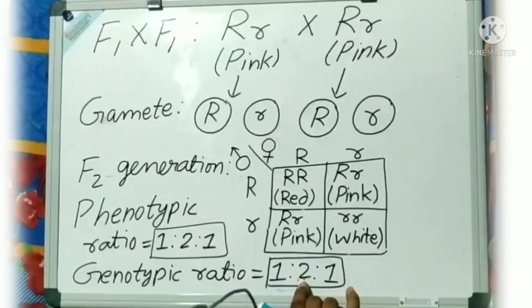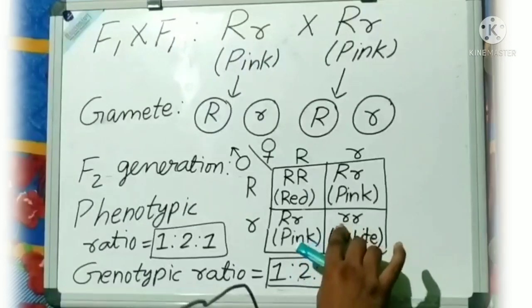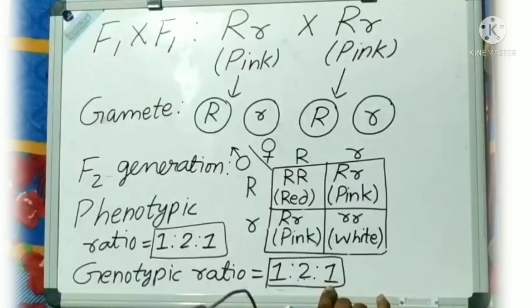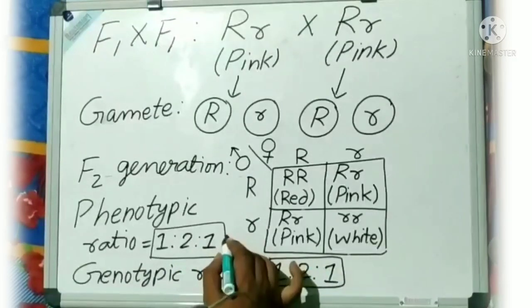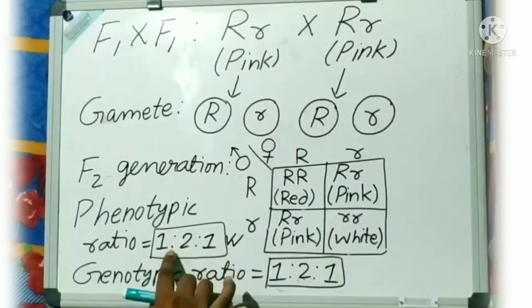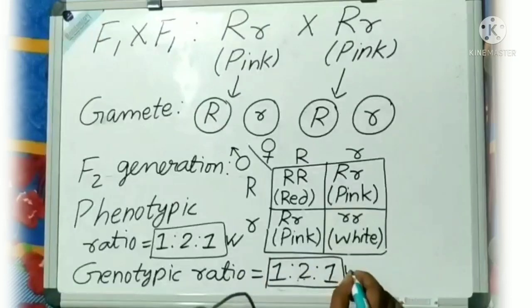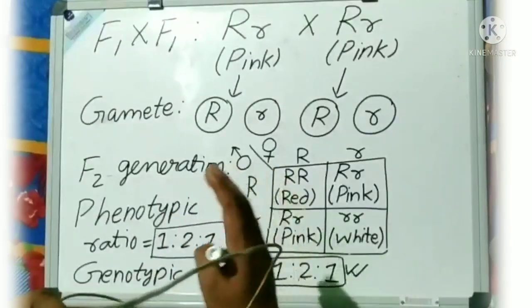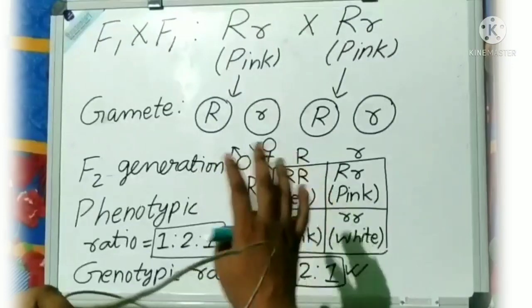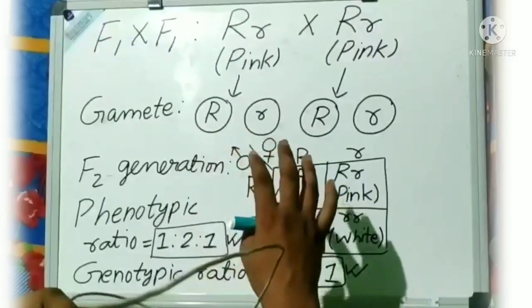So here 2. And small r, small r comes only one time, so this is 1. So here we can see that in case of incomplete dominance, the phenotypic ratio and the genotypic ratio are the same. So this was all about incomplete dominance in Mirabilis jalapa and Antirrhinum majus.